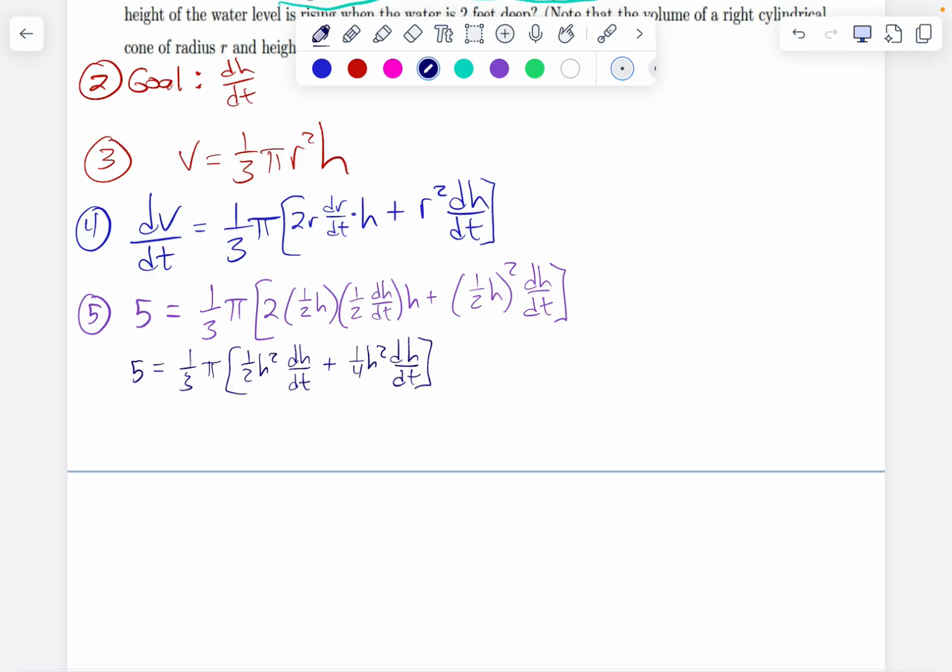Okay, we've seen this kind of strategy before. When we want to solve for something like dh/dt, what do we do with it? We can factor it out, right? It's part of both of those terms in the brackets, so factor it out. I'm having trouble writing. Let's see if I can fix that.